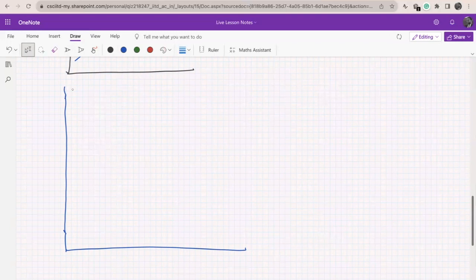So what happens is that you pick 2 points. There'll be lots of points here. Let me draw the points.